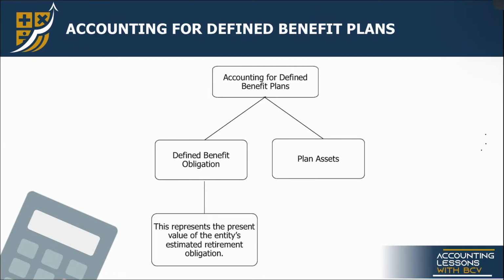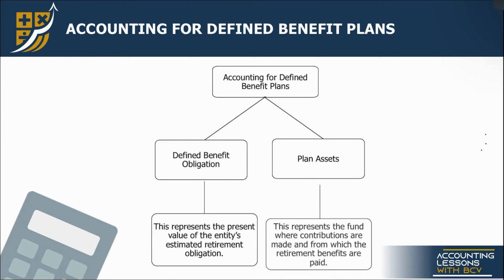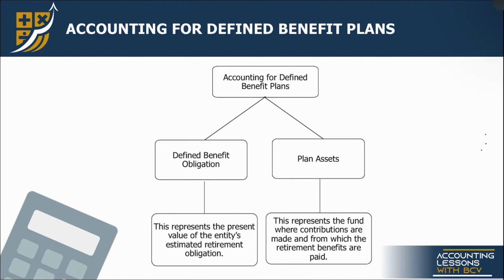Then for the second component, plan assets, this represents the fund where contributions are made and from which the retirement benefits are paid. So when we say plan assets, dito nilalagay ni employer yung mga financial resources na itinatabi niya para sa retirement benefits ng kanyang employees, no?